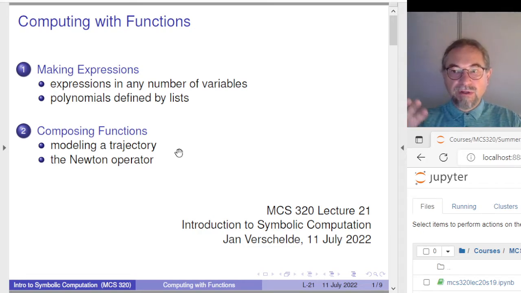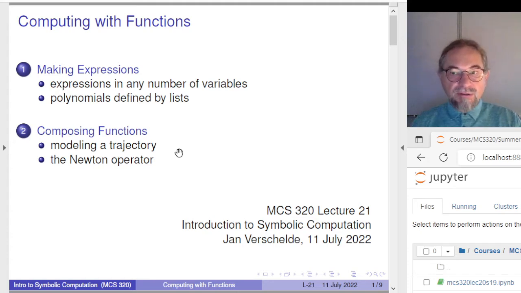So when we think of a polynomial, we think of sums of terms, we think of monomials. So we can build things up. Function composition is very useful for modeling, so that will be our third exercise.